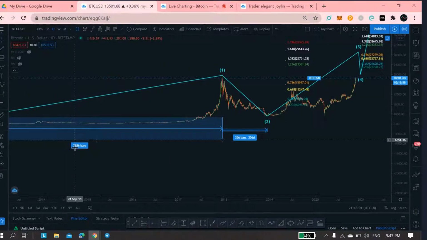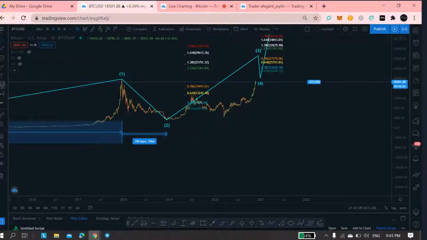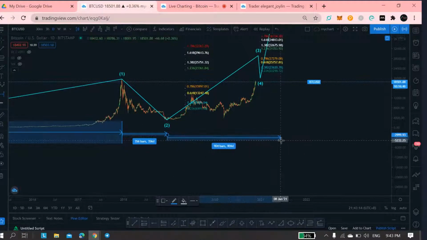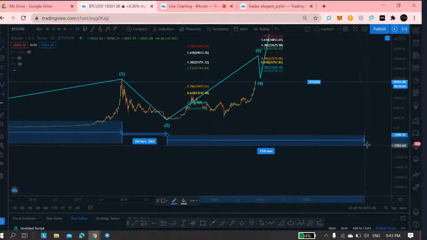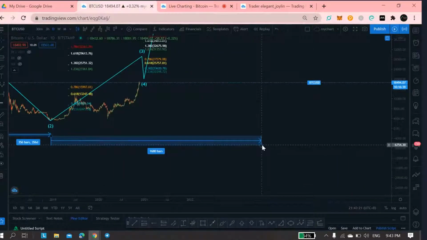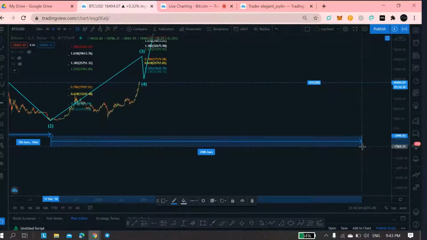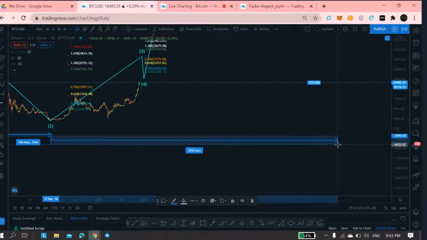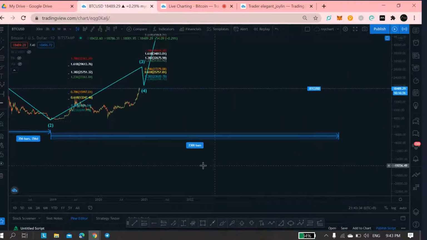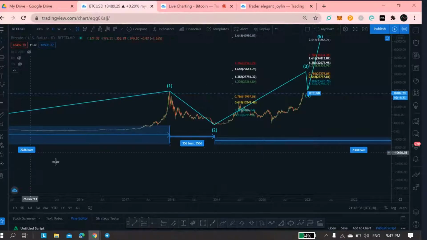Since wave 1 is 2,286 bars, we can estimate that this one should not be less than 2,286 bars. So, we'll just use 2,300. I'll just round it off.